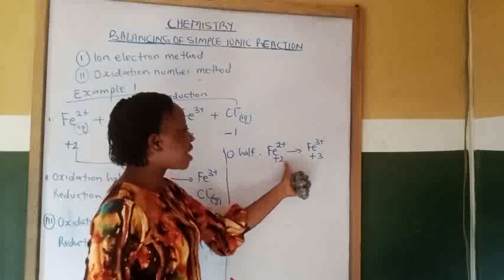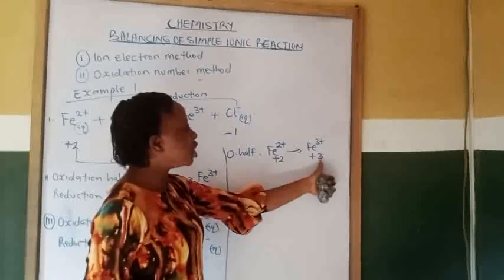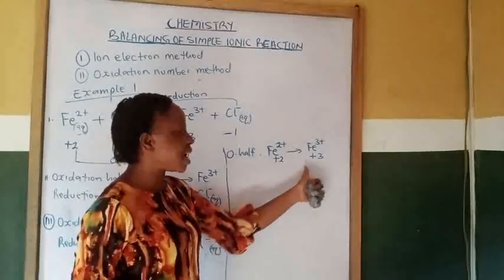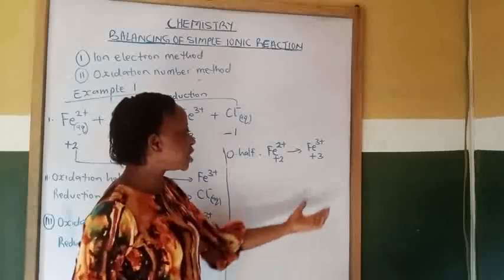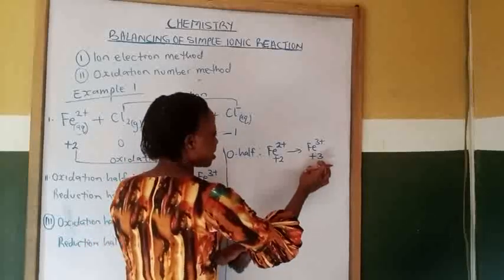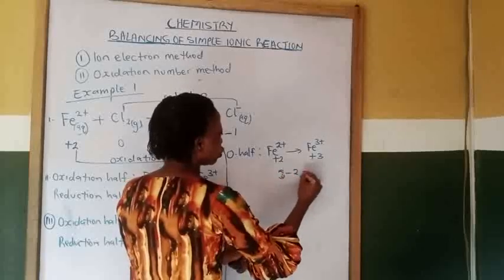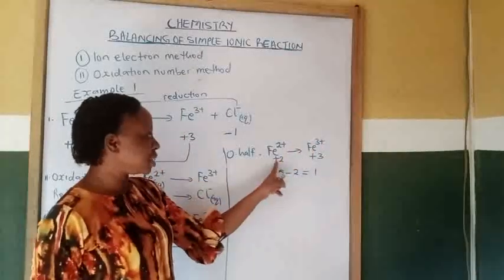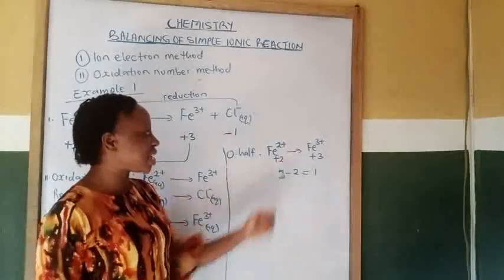To balance both sides, the number of electrons at the reactant side must be equal to the number of electrons at the product side. Now, if I take the reactant side away from the product side, that will be 3 minus 2, which shows that the product side is 1 more than the reactant side.